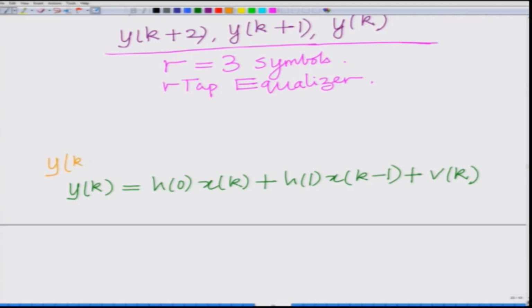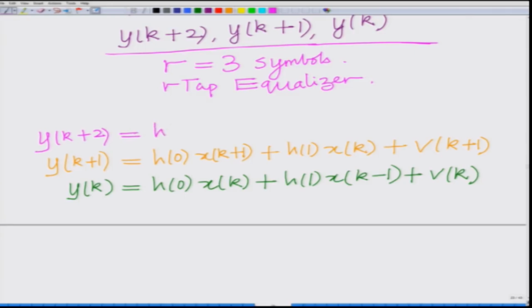Now, yk plus 1 will be similarly h0 xk plus 1 plus h1 times the previous symbol, that is xk, plus vk plus 1, and similarly yk plus 2 equals h0 times xk plus 2 plus h1 times xk plus 1 plus vk plus 2.